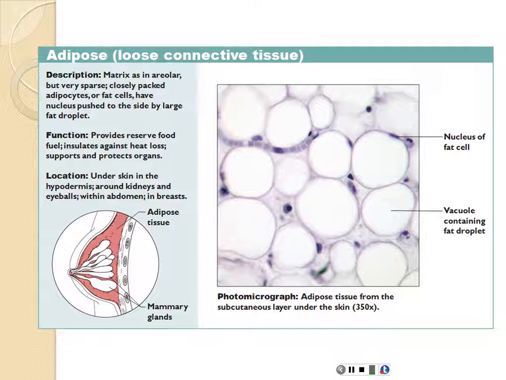So in the hypodermis, so on all of our body, we have, first what? Think about it. If you go through the skin, first going through the skin, you have to go through what layer first? The epidermis, and then the dermis, and then the hypodermis. So the hypodermis is where we have an abundant amount of adipose tissue.